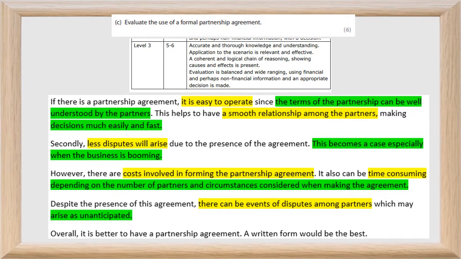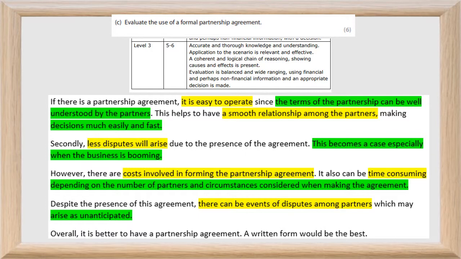Now, let us look at a sample answer. If there is a partnership agreement, it is easy to operate since the terms of the partnership can be well understood by the partners. This helps to have a smooth relationship among the partners, making decisions much more easily and fast. Secondly, fewer disputes will arise due to the presence of the agreement, especially when the business is booming.